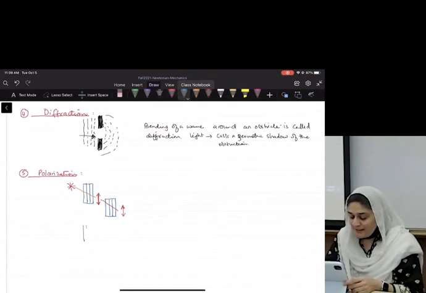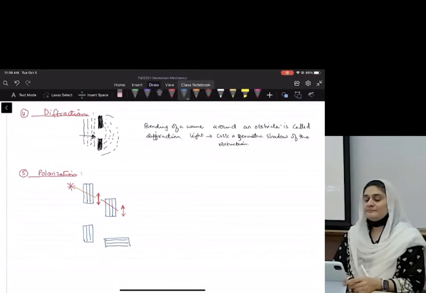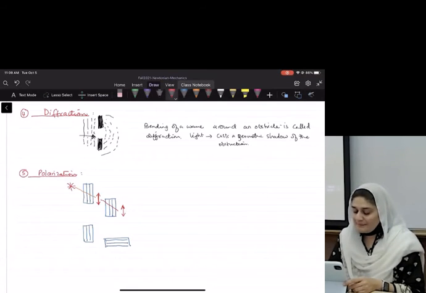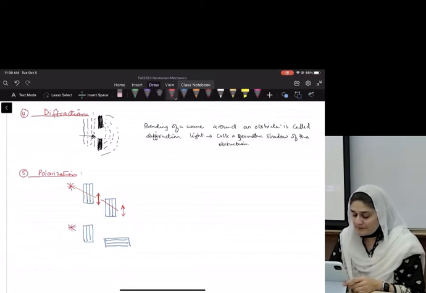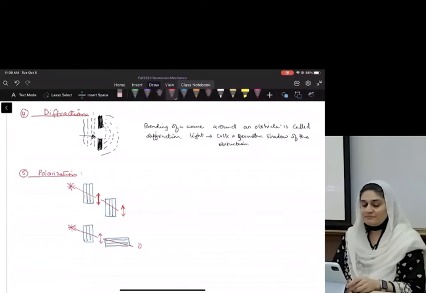However, if you have this, instead of this, you flip one of them. So what will happen to the light? It goes this way, it's polarized, and then it goes to nothing.